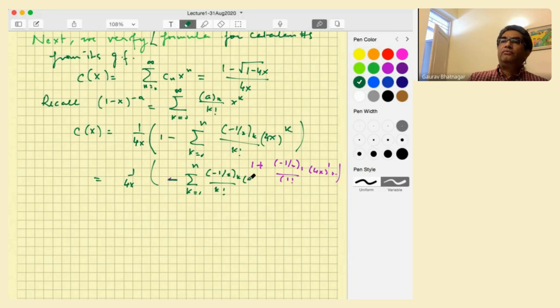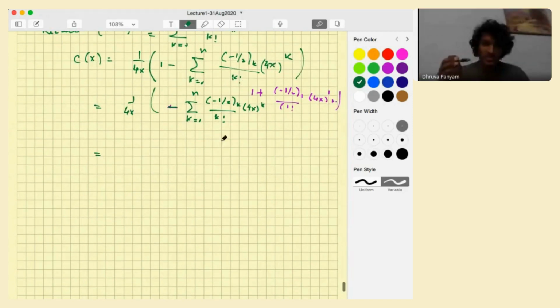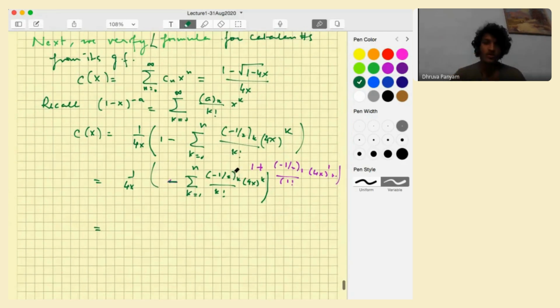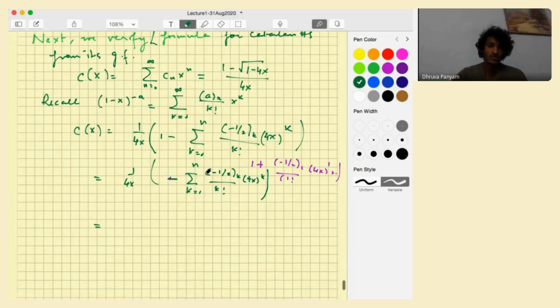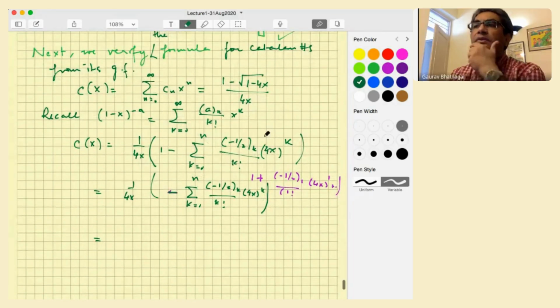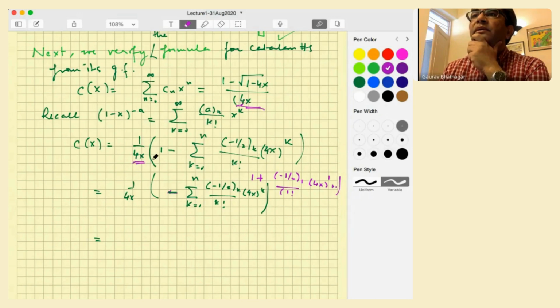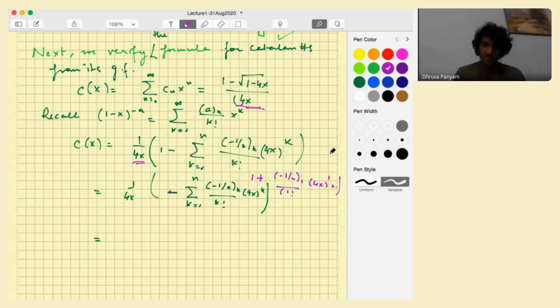Shouldn't the denominator be 2x? 1 minus root of 1 minus 4x, over 2x, I think, from the quadratic formula.